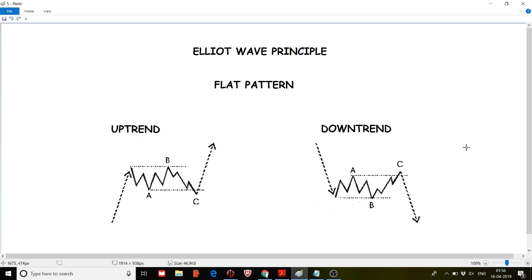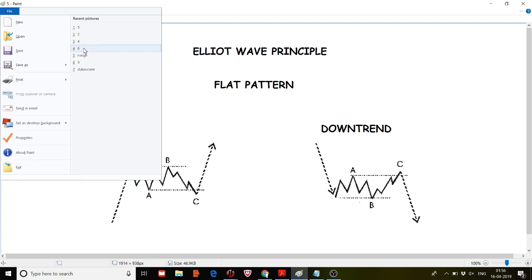We cannot say that it will be a double top structure, but to make it easier for you, you can identify and correlate it with a double top like structure. Kindly watch that earlier video, so it will be much easier for you to identify the pattern, and a flat or expanded flat will look like this.